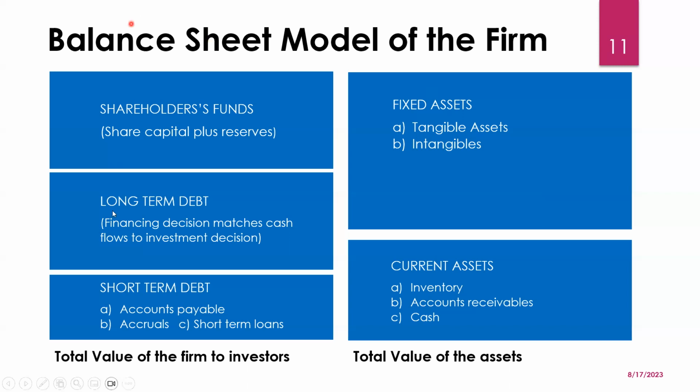So by adding the left hand side, you get the total value of the firm to the investors. The addition of the right hand side is the total value of the assets. The addition of the left hand side is the total value of the firm to the investors.